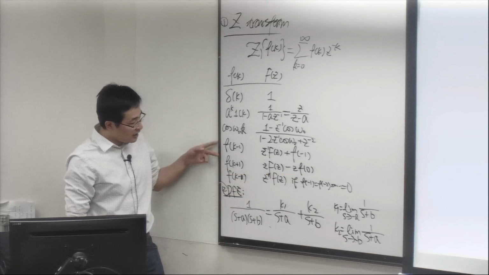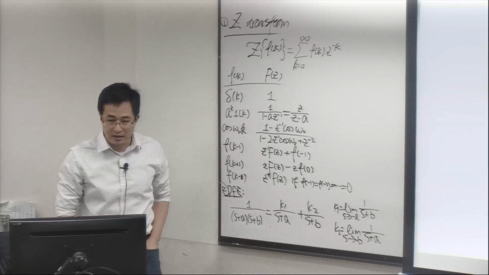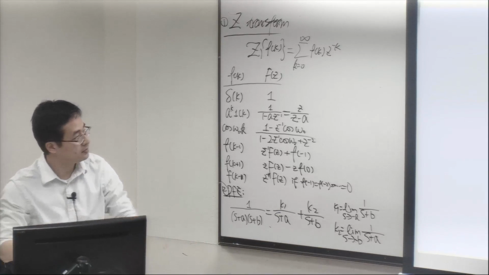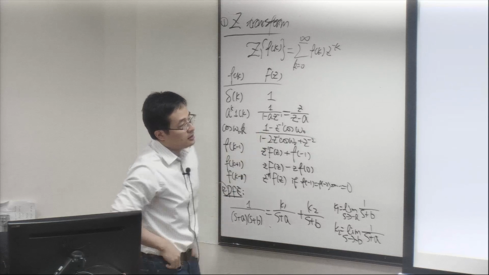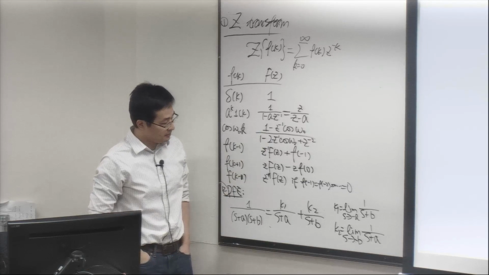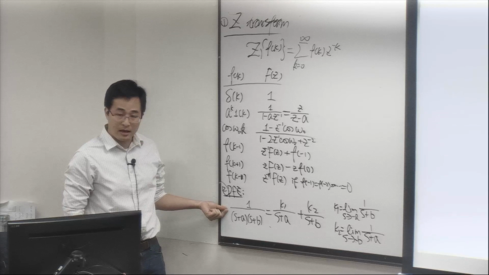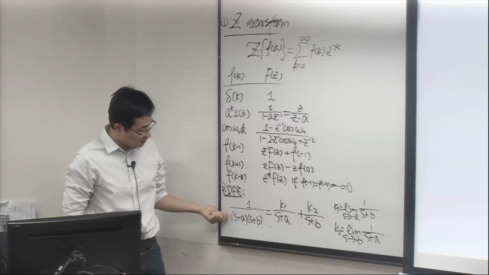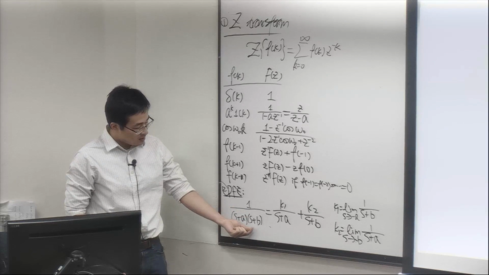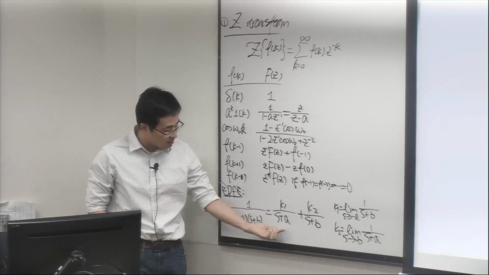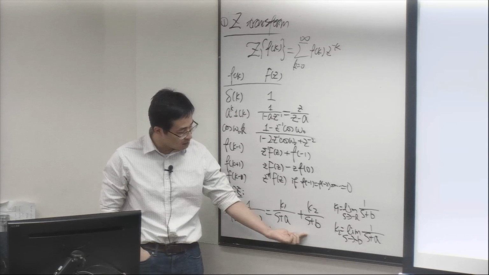We discussed how to derive them in examples and exercises, which is what we're going to do in a few more minutes today. But we also discussed partial fraction expansion in the Laplace case. So if you have 1 over (s plus a) times (s plus b), then partial fraction expansion can help us decompose the big one into two smaller modules.